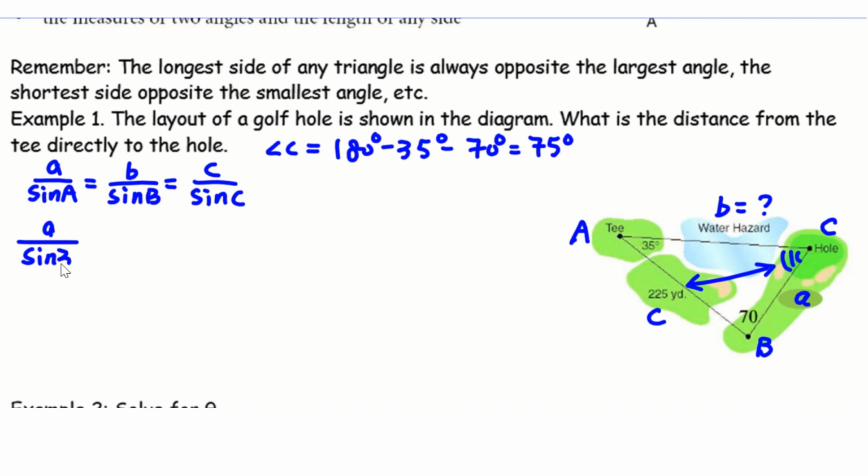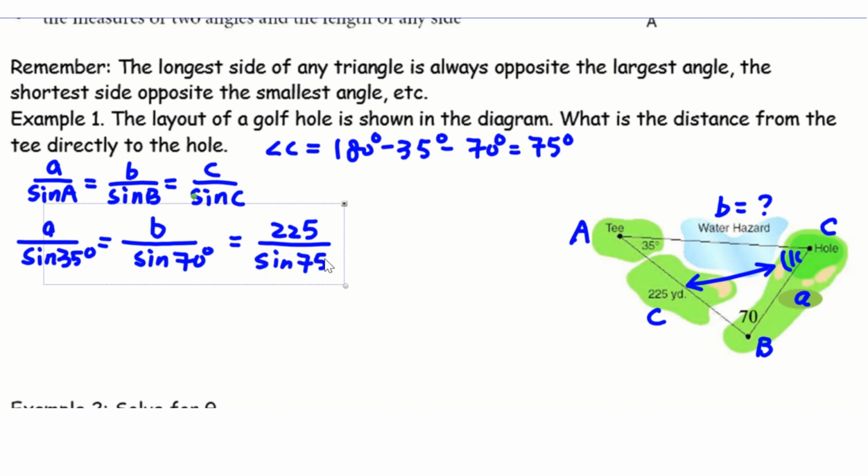So angle A is 35 degrees, and side b is what we want to find, and angle B is 70 degrees. Then equals side c is 225 yards, and angle C is 75 degrees.